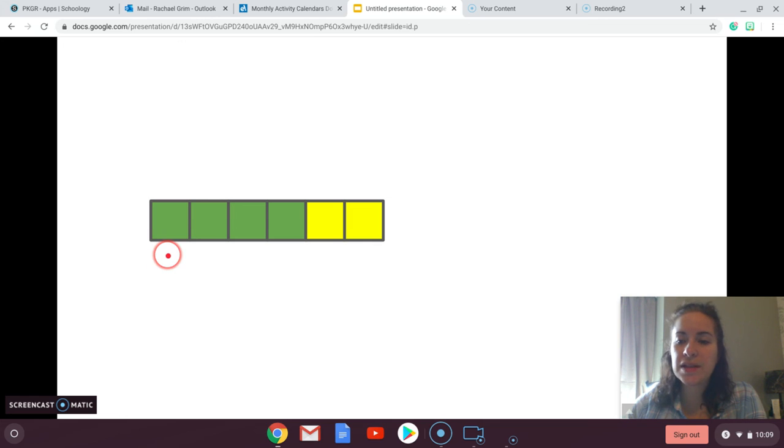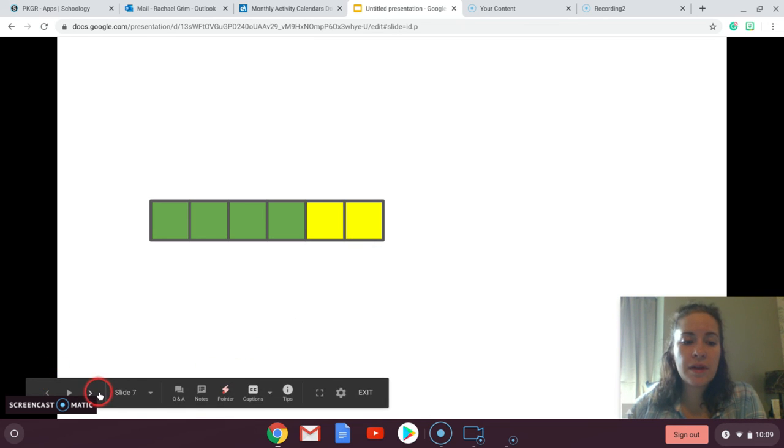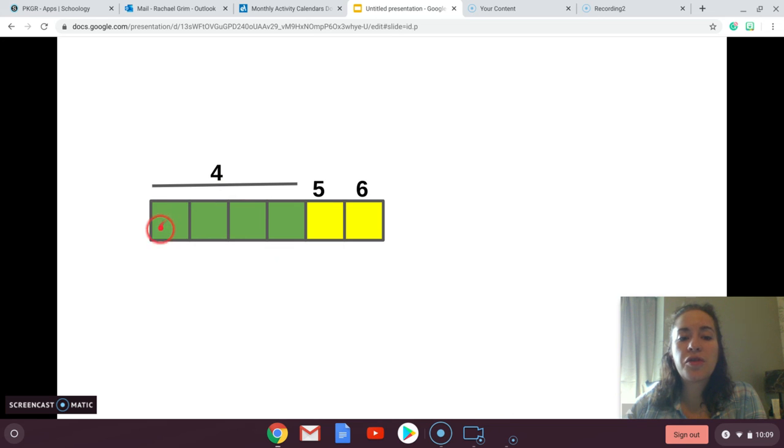I can count by ones with my finger. 1, 2, 3, 4, 5, 6. Great job. Or I can count on. I see that there are 4 green squares.